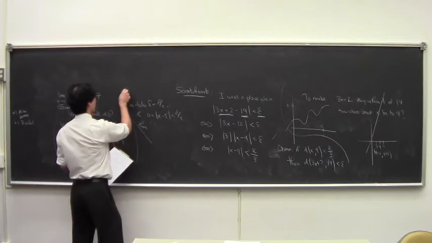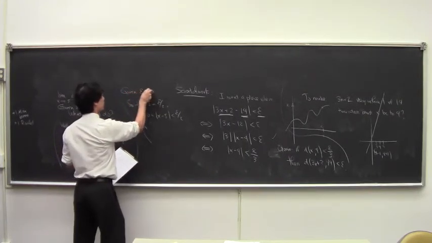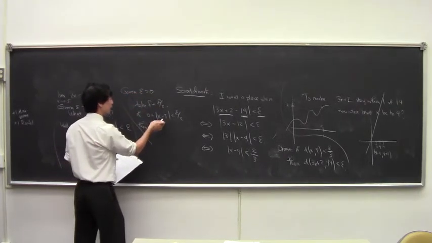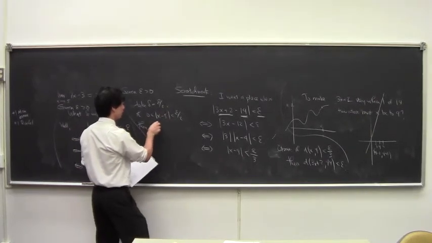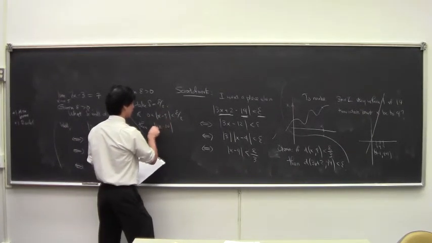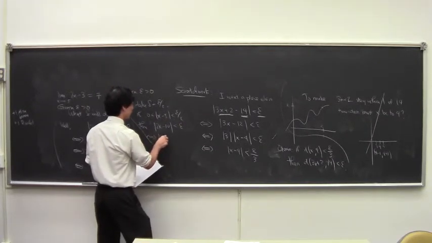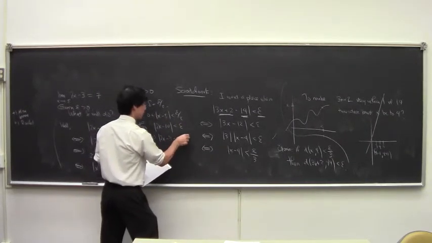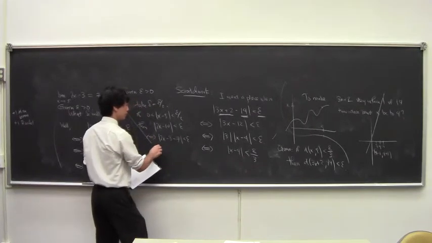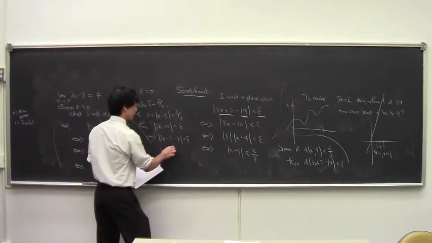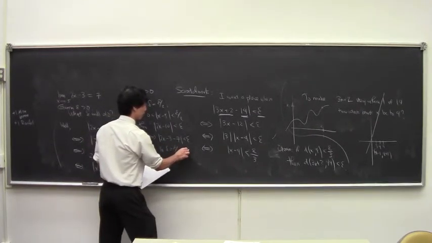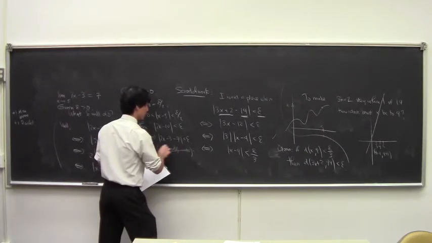You would say, given epsilon greater than 0, take delta to be this. If this happens, then 2x minus 10 is less than epsilon, but that's equivalent to saying 2x minus 3 minus 7 is less than epsilon. So delta equal to epsilon over 2 works. Actually, you don't need this last part. That's obvious. Once you get to here, obviously you've reached it.